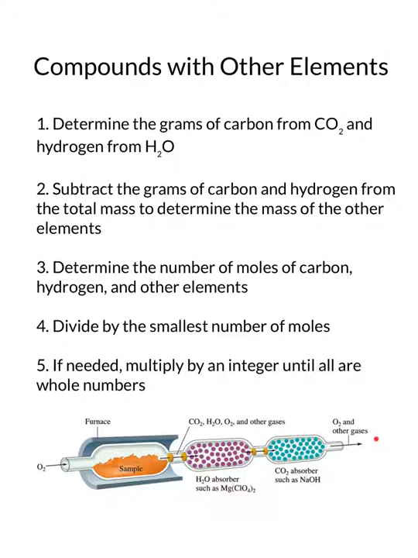Remember, those are just spat out at the end. So what I'm going to have to do is subtract it from the total so I know how much is left over. That must be from the other elements that were in the original compound. So from there, everything is the same. I'm going to determine the number of moles of carbon, hydrogen, and other elements, and divide by the smallest. If needed, I'm going to multiply by an integer until they're whole. So let's do some examples with that.